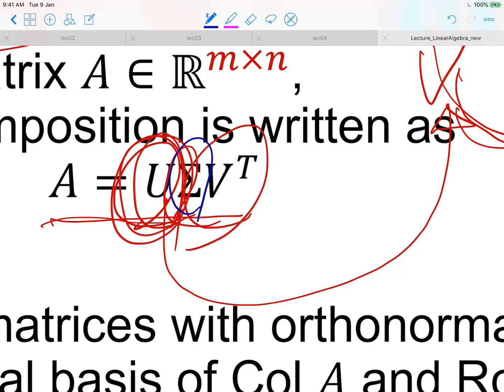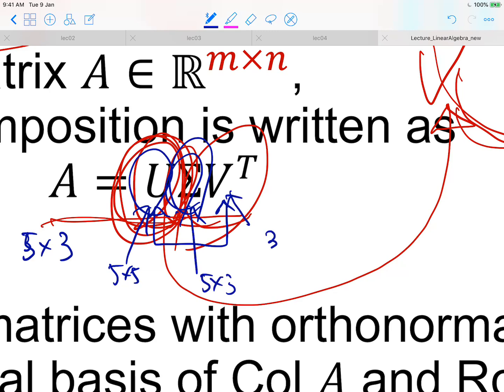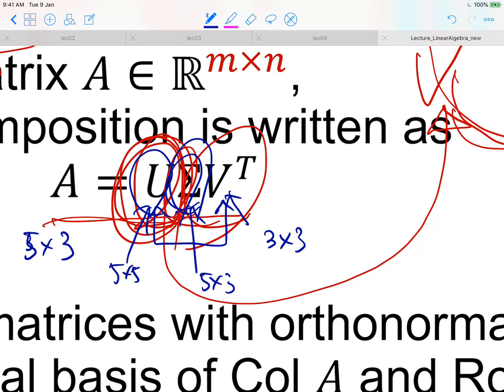In eigen decomposition, the 2 outer matrices have an inverse relationship, and it is defined only for square matrices, so all 3 matrices should be square. But in singular value decomposition, if we have, say, a 5 by 3 matrix, then U is defined as 5 by 5, this sigma is 5 by 3, and V is 3 by 3, right? So now the middle matrix can be rectangular.